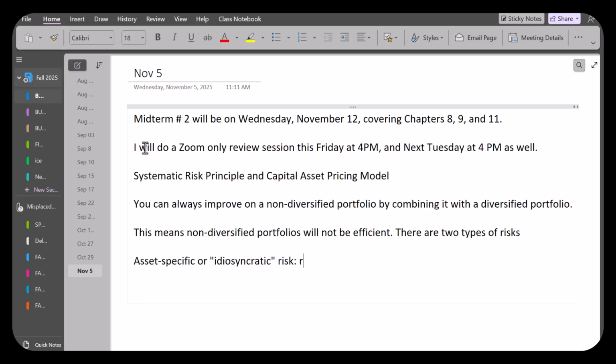These are risks that affect only one or a few assets or stocks.